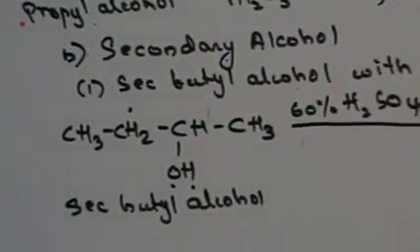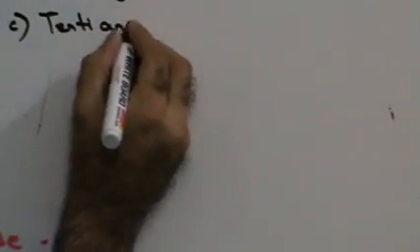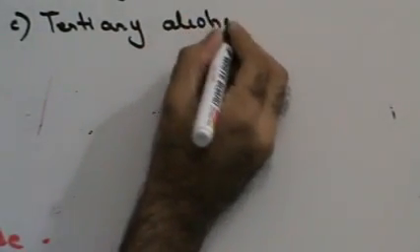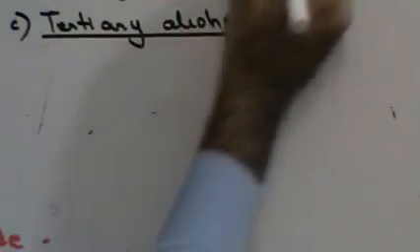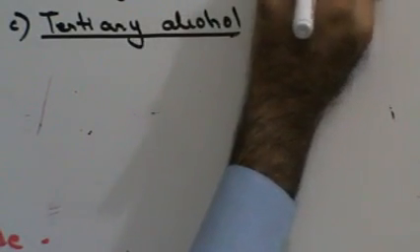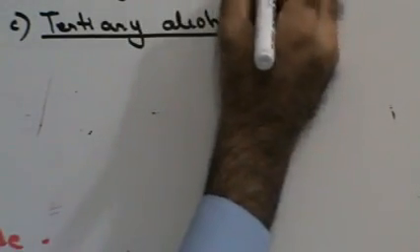Next, let's try this reaction with tertiary alcohols. Let's see the reaction with tertiary alcohols. What happens when tertiary butyl alcohol is heated with 20% sulfuric acid? Now, the earlier one was 60% sulfuric acid at 373 Kelvin, or I could have done the previous reaction with aluminium oxide at 623 Kelvin.